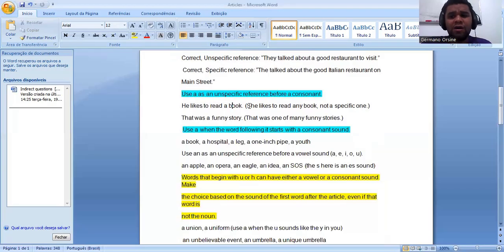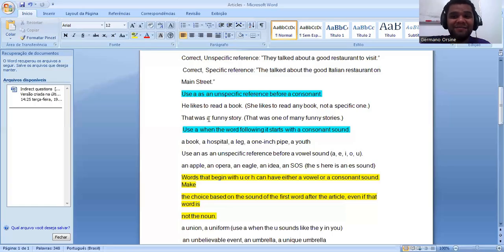And we're also talking about something unspecific. It is not a specific book. Like we don't have any information about the book. That was a funny story. Okay, the word that comes right after the article, it's not a noun in this case, it's an adjective, starts with an F sound.